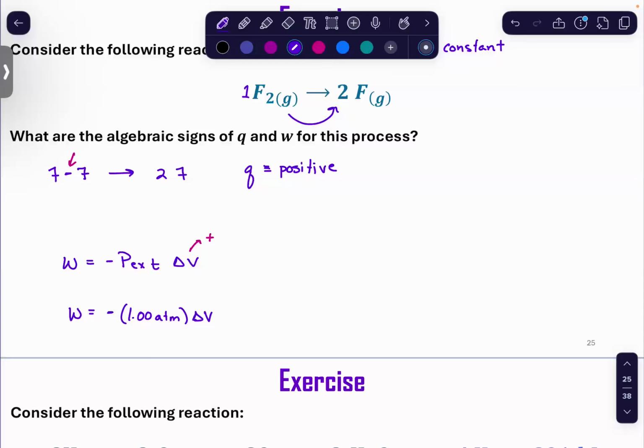And then whatever delta V is. And so that means that W has to be negative because for an expansion to occur, the system has to do work on the environment. So work leaves the system. So work is going to be negative.